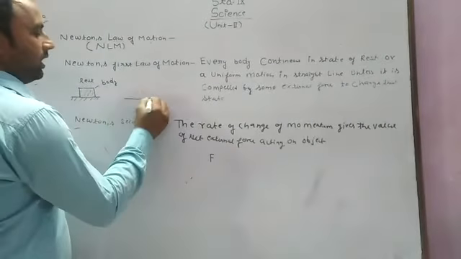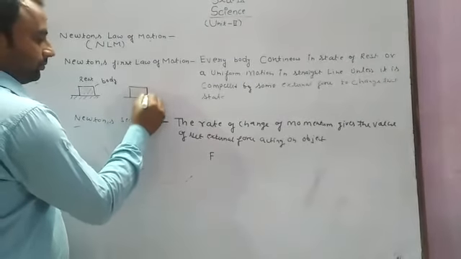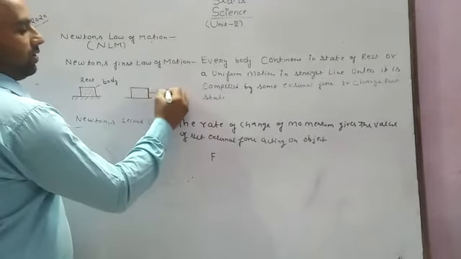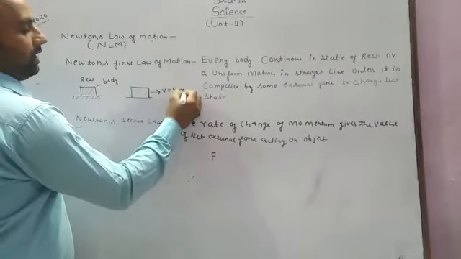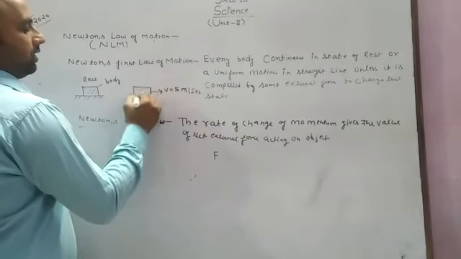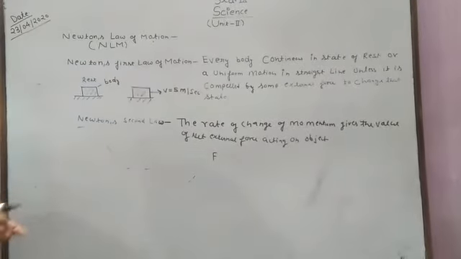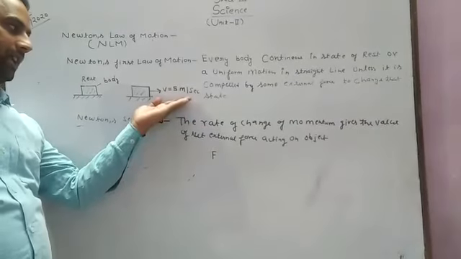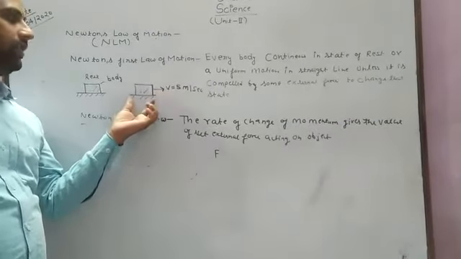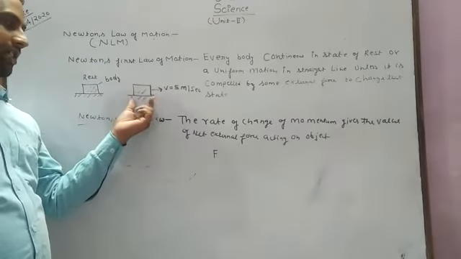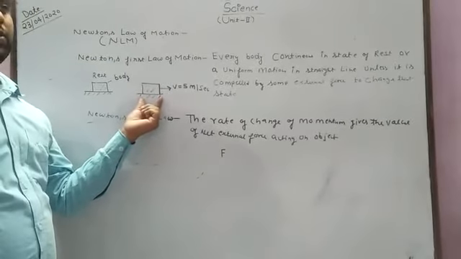Another case: if this is a body on the ground and it moves with a uniform velocity of 5 meter per second, it will always be in motion until and unless an external force is applied on the object.